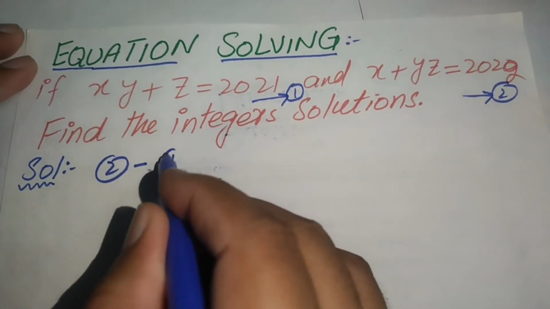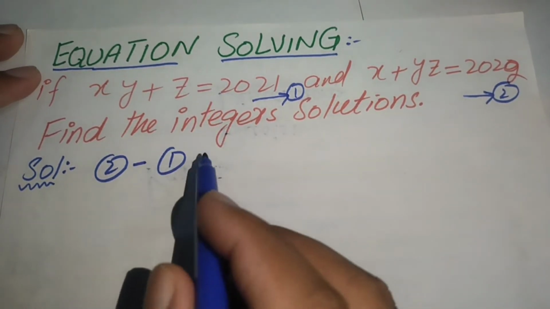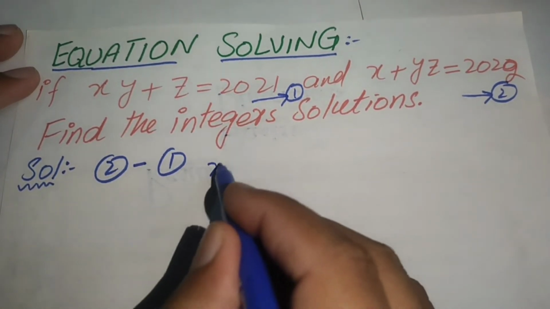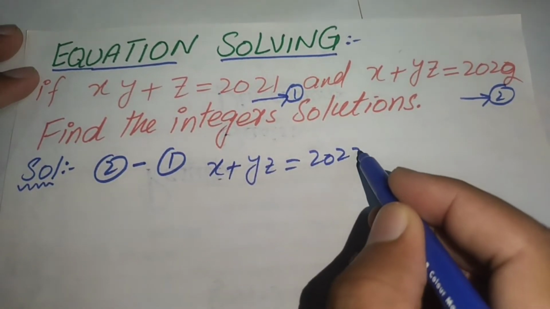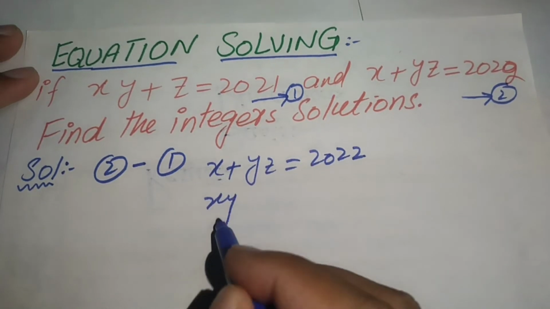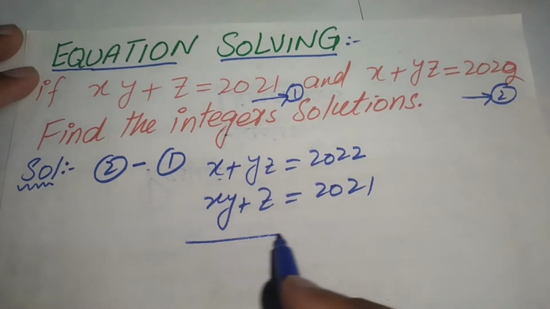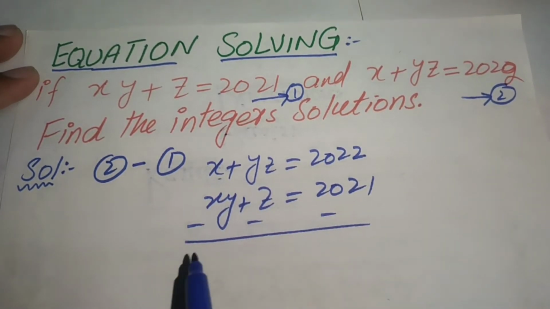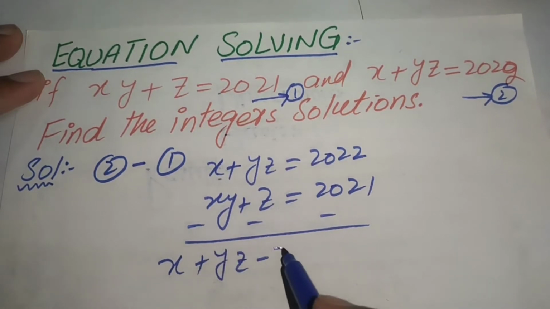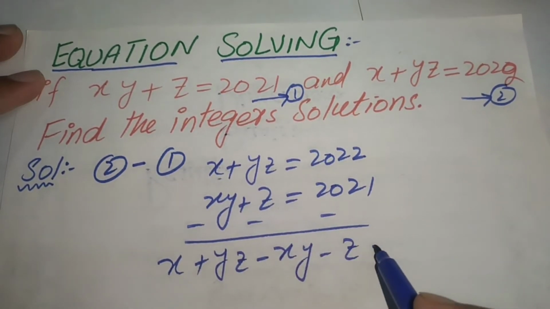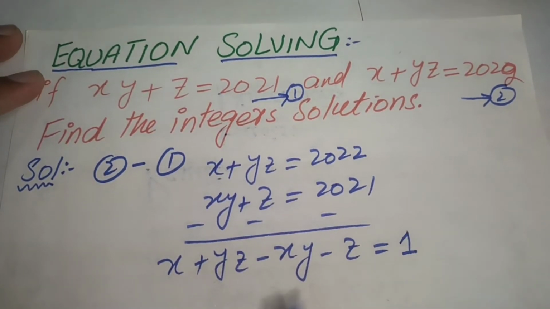When we subtract equation 2 from 1, let's write here x plus yz is equal to 2022 and xy plus z is equal to 2021, and when we subtract these equations then we get x plus yz minus xy minus z is equal to 1.